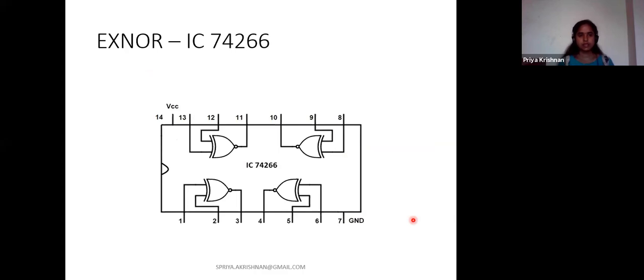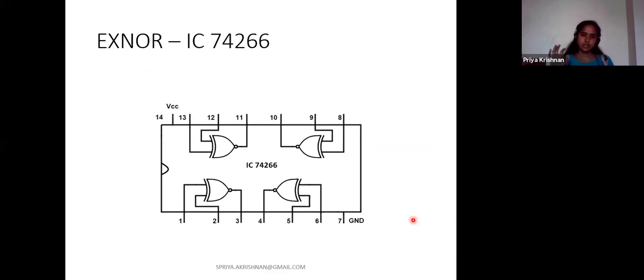See, this is the XNOR pin diagram, 74266. See, my gates are facing each other here. So this pin diagram is also different. For all the gates except my NOR gate IC and the XNOR gate IC, the pin diagram is similar.